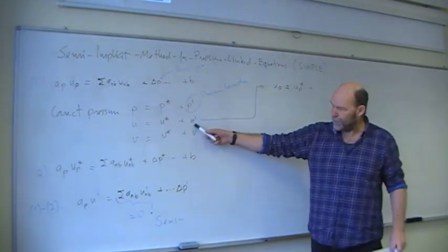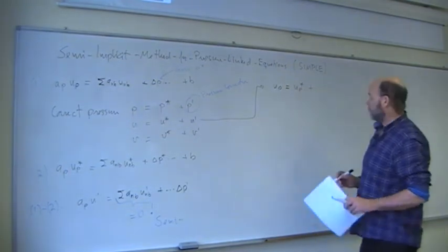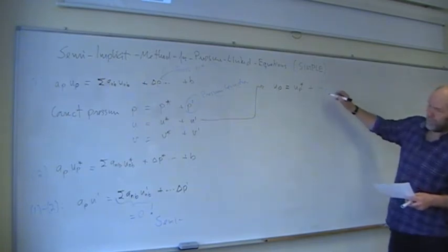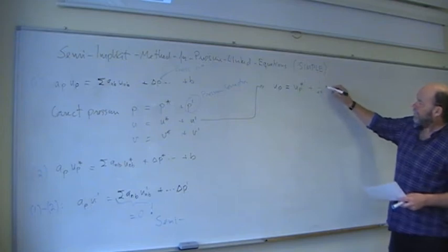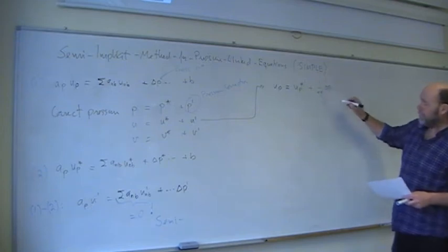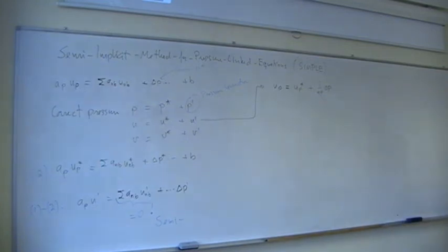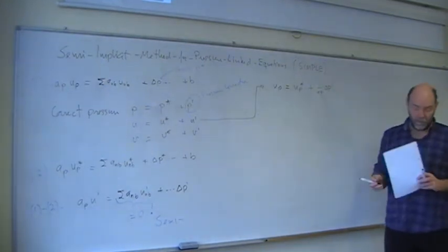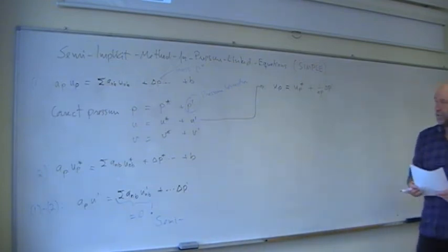But I don't want to use the velocity correction, I want to use the pressure. So here I will have something like 1 over A_P multiplied with this delta P correction. Still doesn't help me. I still have one equation with 2 unknowns. So finally we have to use the continuity equation.